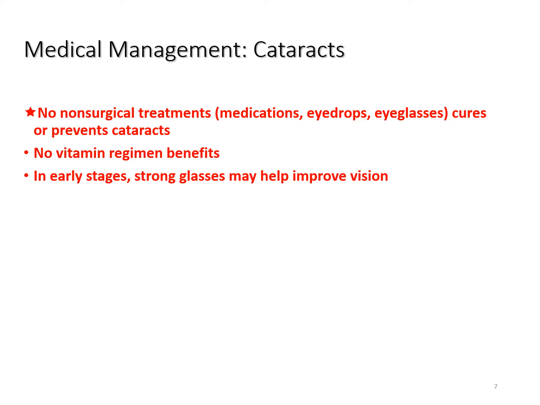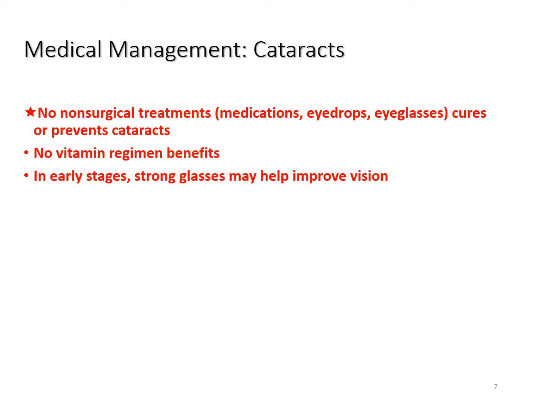All right, so what this slide is trying to get at is the fact that things like medications, eye drops, and eyeglasses are not necessarily going to cure or prevent cataracts, right? We know what the risk factors are, though.